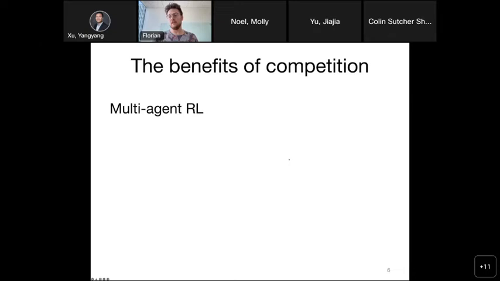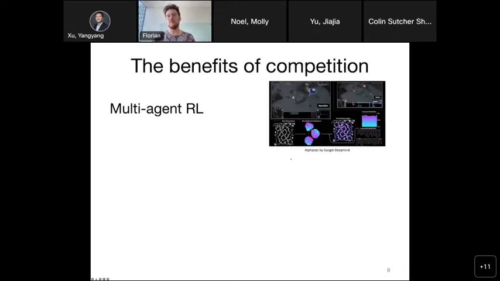However, it has many important applications. One of them, maybe the least surprising, is multi-agent reinforcement learning, where we are simply interested in teaching agents to play competitive games. So in some sense, it's not surprising that if we want to teach agents to play competitive games, the resulting optimization problems will have this competitive flavor.